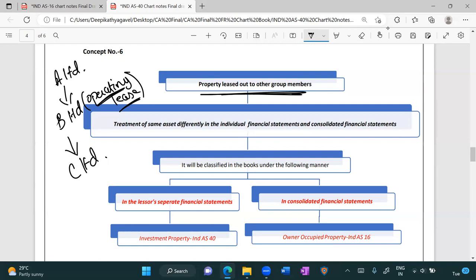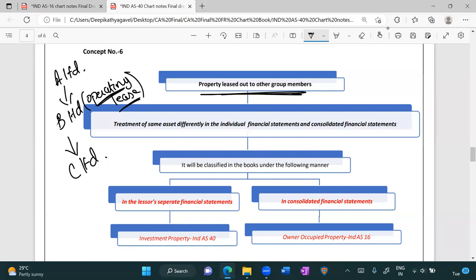I hope it is very clear. In the first situation, A is giving it on lease to B. When A's separate financials are created, you will treat it as an investment property. But when you consolidate A and B's financials, it will become owner-occupied property.